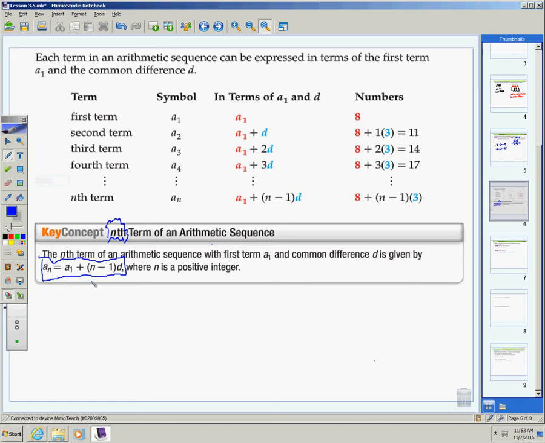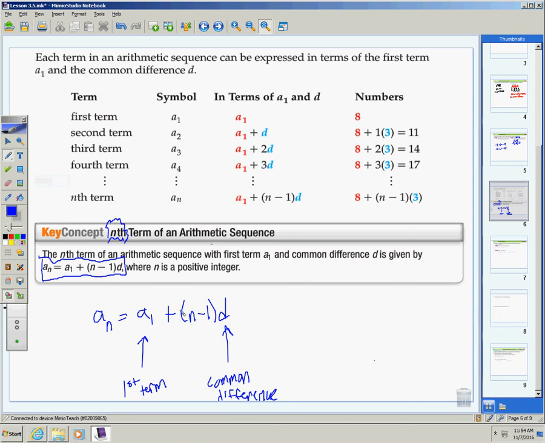Okay? a sub n, this means just any term, equals a sub 1, this is my first term, plus n minus 1 times d, this is my common difference. This is how we write an equation. And we can use this to then write an equation, and I could find the 1000th term just as easy as plugging in 1000 for n. It actually becomes quite simple.